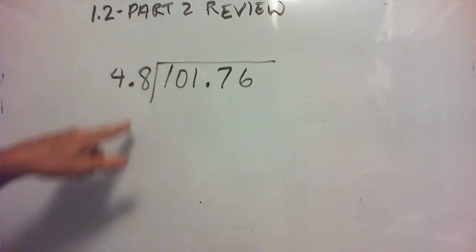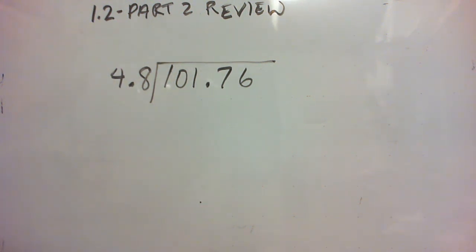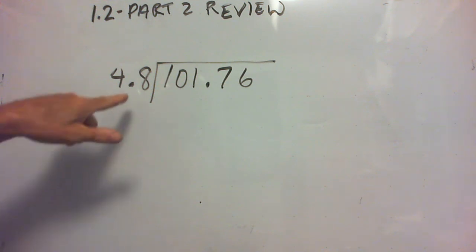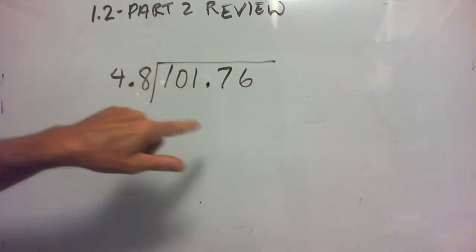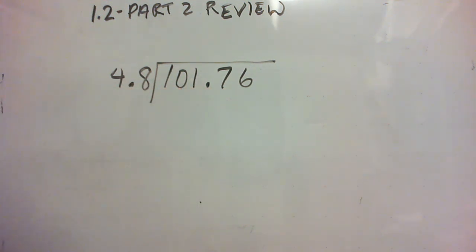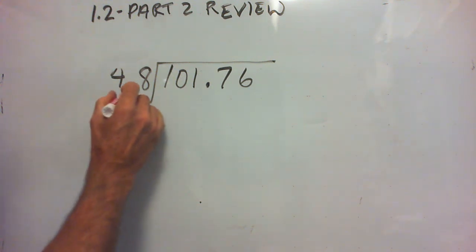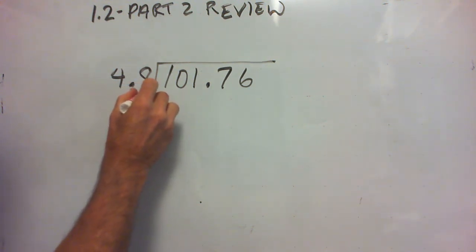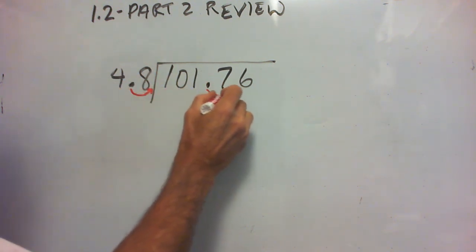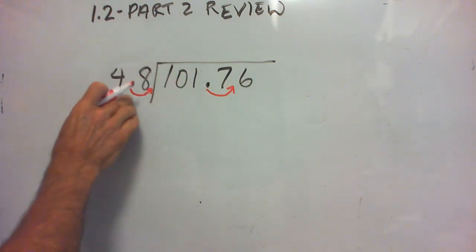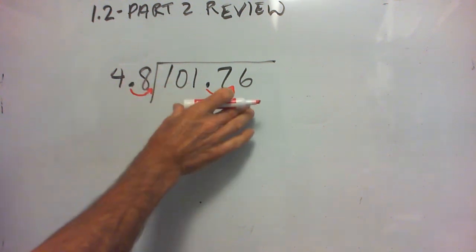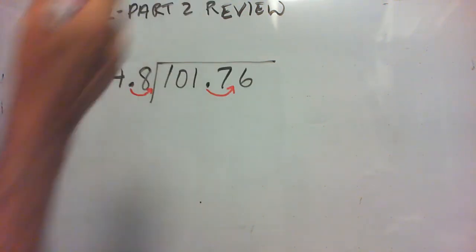Okay, in the next problem, we're going to divide decimals. 101.76 divided by 4.8. What you want to do when you're dividing by a decimal is change it into a whole number by moving the decimal point on both your divisor and what's inside the dividing sign. That's called the dividend.